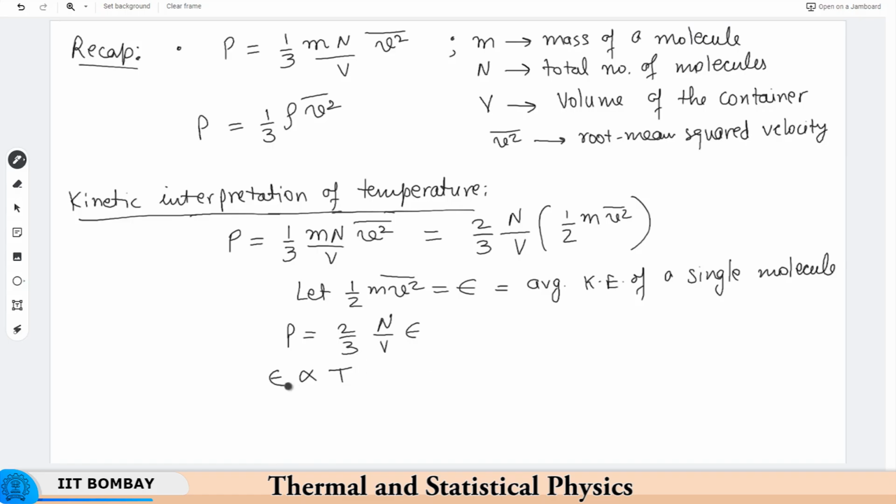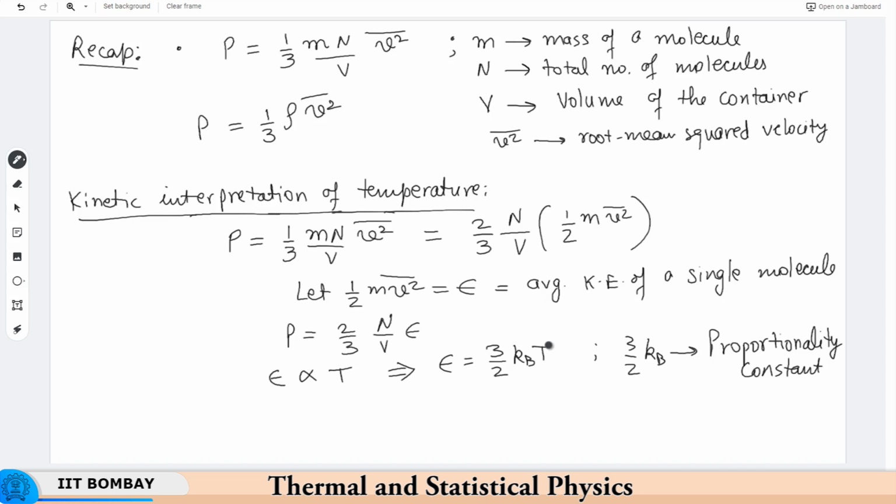And this is just a proportionality sign, and we can convert this into an equality in this way: epsilon equals, let us call it, 3 by 2 kB T, where 3 by 2 kB is just a proportionality constant. Okay, so this is just a proportionality constant which tells us how the average kinetic energy of a molecule scales with the temperature of the gas, and by definition temperature is just proportional to the kinetic energy.